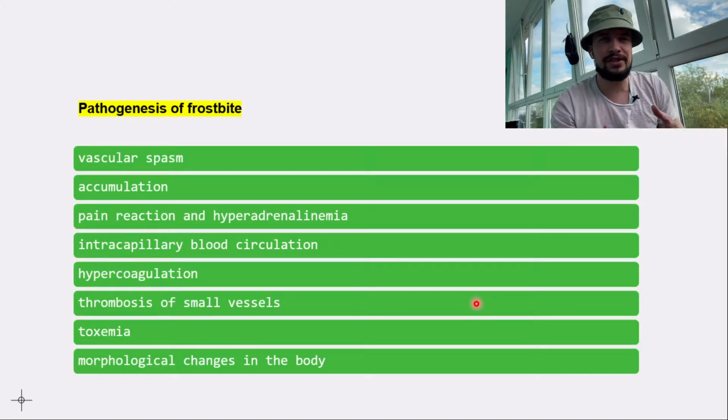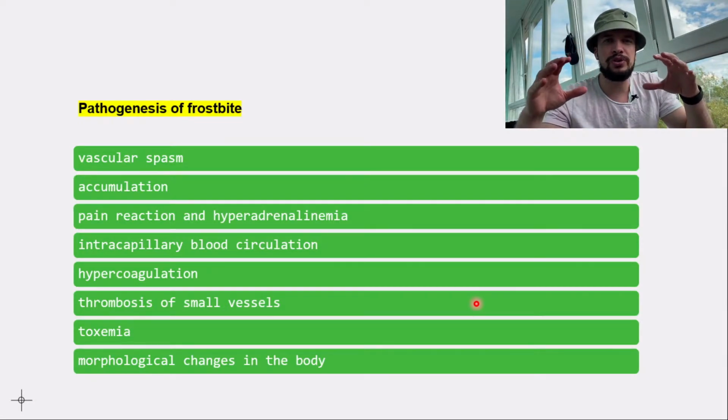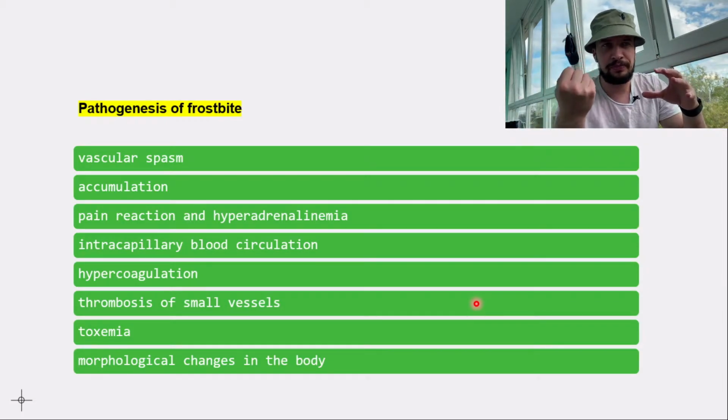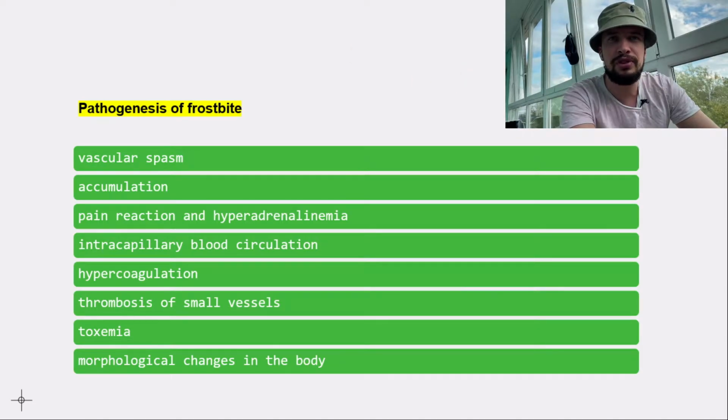The pathogenesis of frostbite from a physiological and biochemical point of view can be schematically depicted as follows. Cold trauma causes vascular spasm, causing the accumulation of histamine, serotonin, and kinins in the tissues.